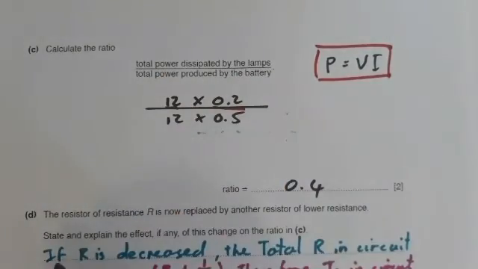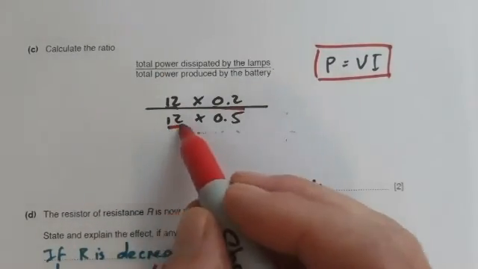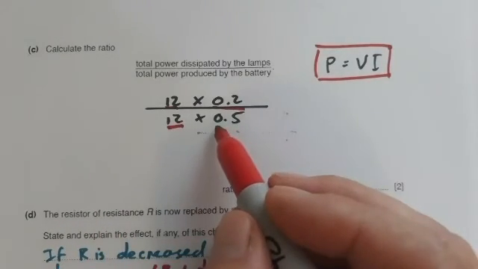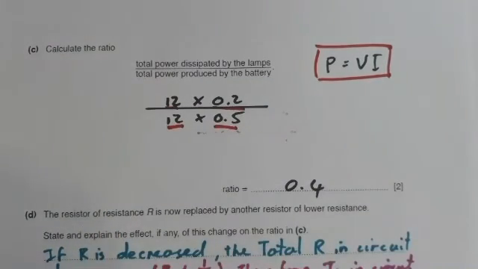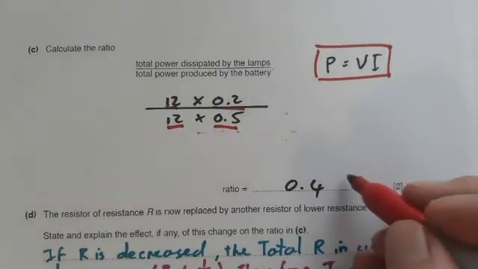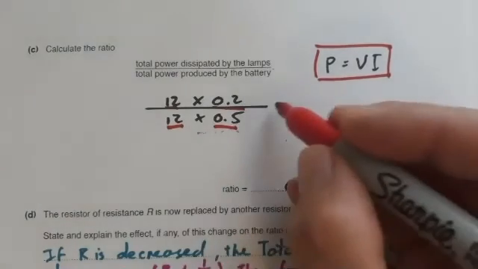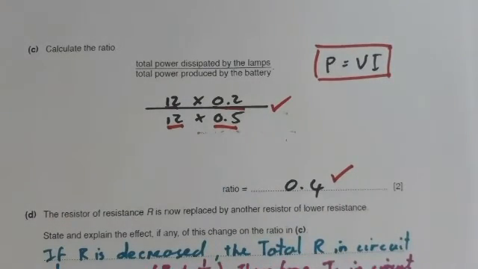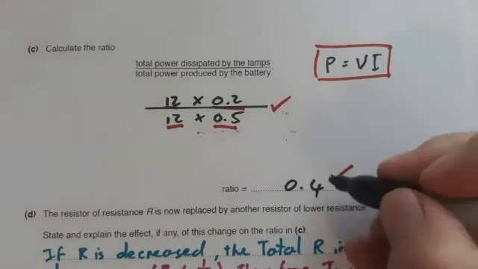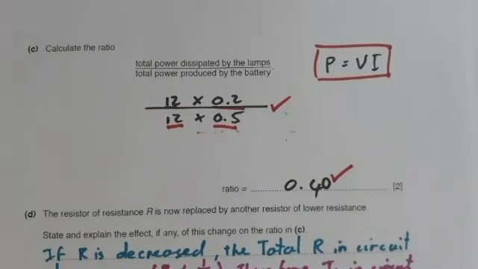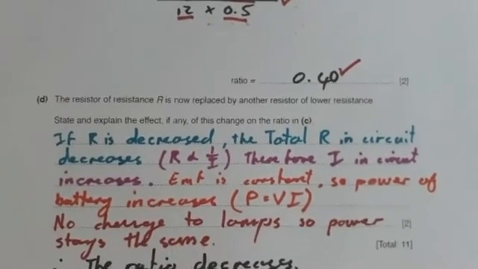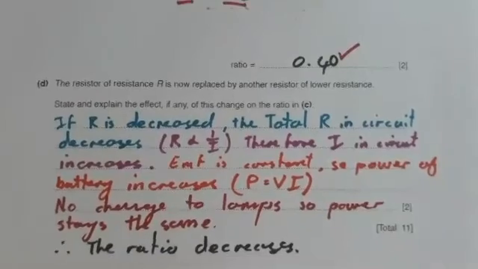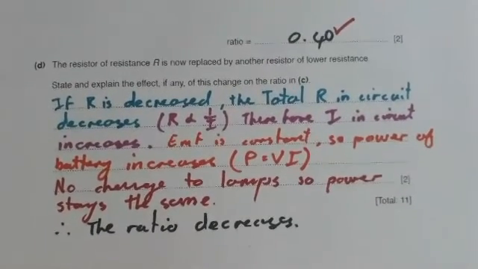Total power produced by the battery, well, we know the EMF and the current in my main circuit, and we get to a ratio, remember, always in decimal numbers. And it was perhaps more correct to stay to 2 significant figures, there we go. Always to 2 significant figures. I would have given 3 marks for the last question. I would have given myself a bonus mark.